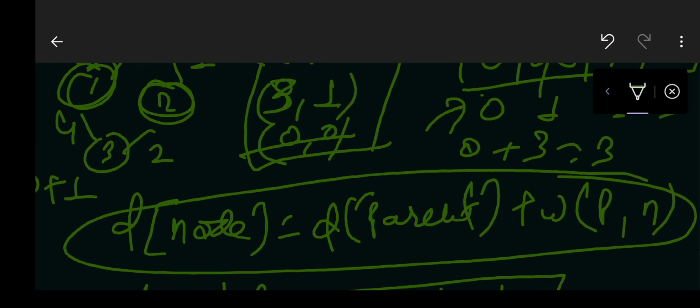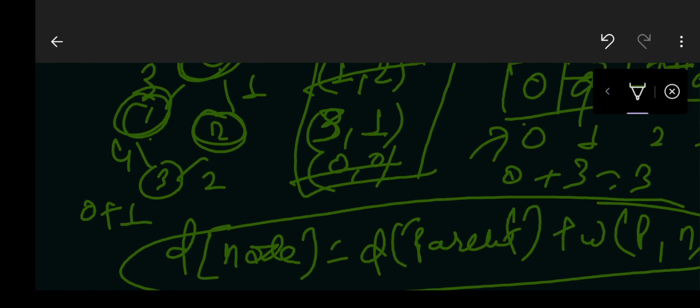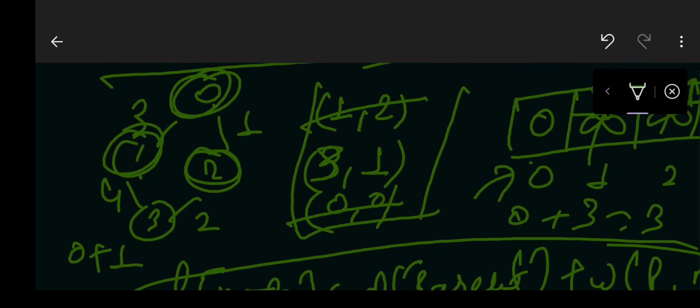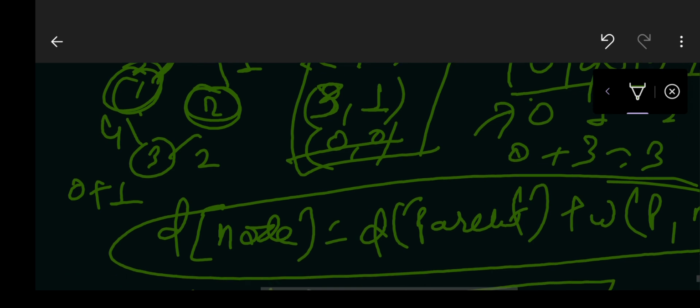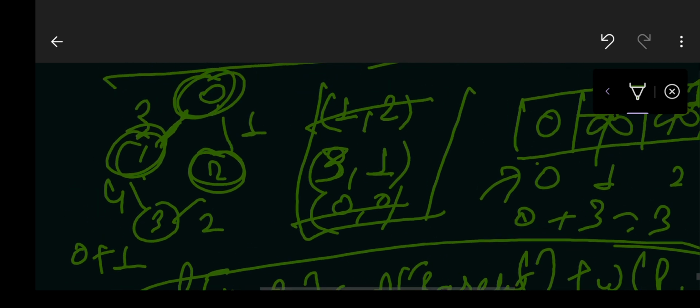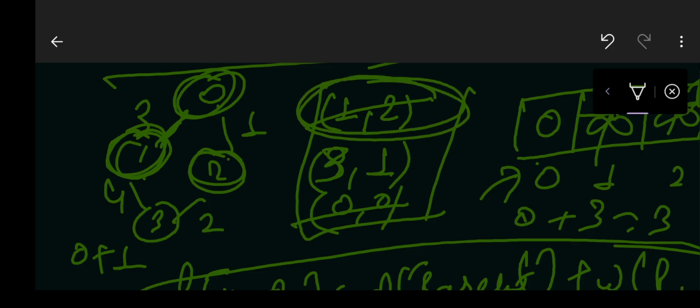Now we go to 2. We ask, who are your neighbors? So it says 0 and 3. Now let's calculate the distance for 0. What did I tell you? The distance for 0 is going to be the distance of parent. What is the parent? 1, 2 means 2 is the node, so we are coming via 2.